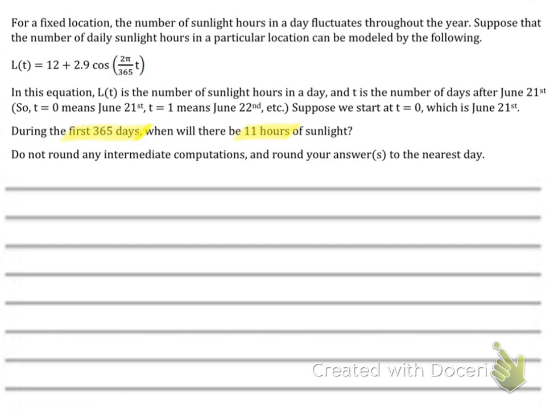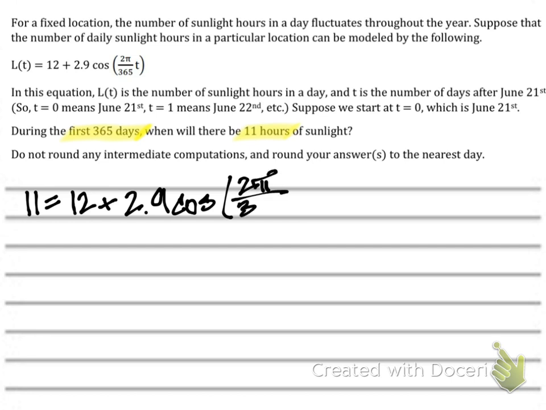So if we think about what that equation would be, that means we want the number of hours of sunlight to be 11 equals 12 plus 2.9 cosine 2 pi over 365t.